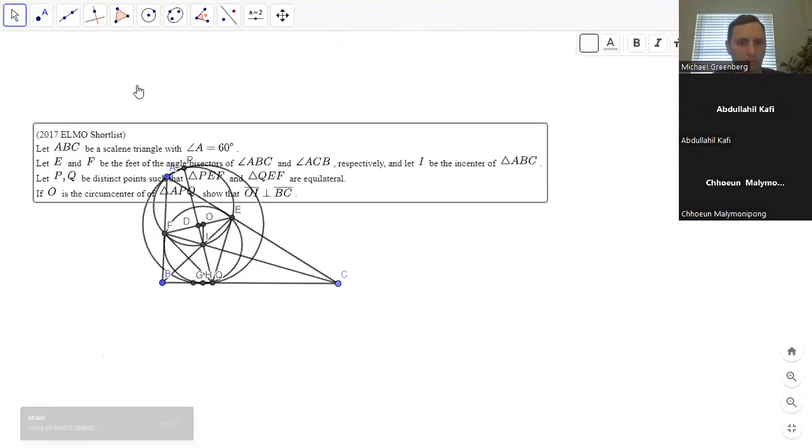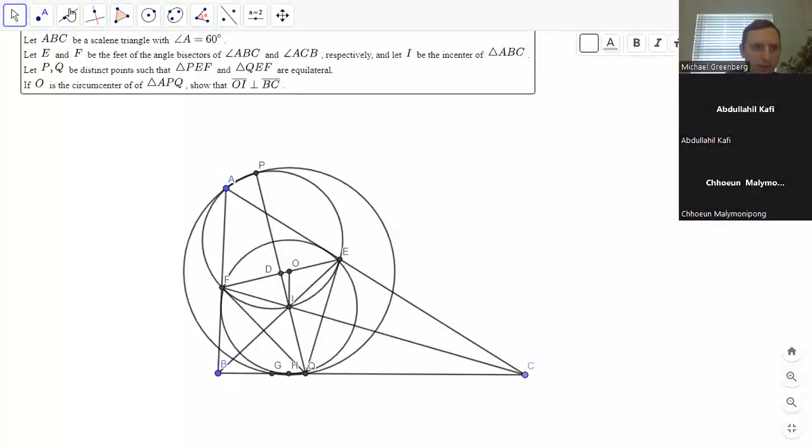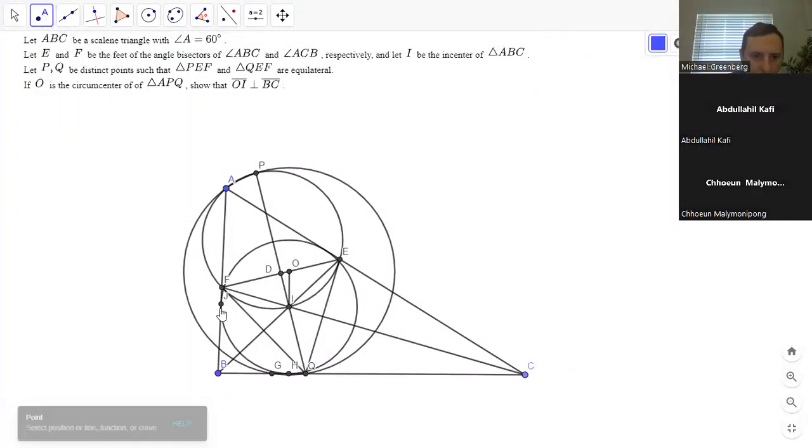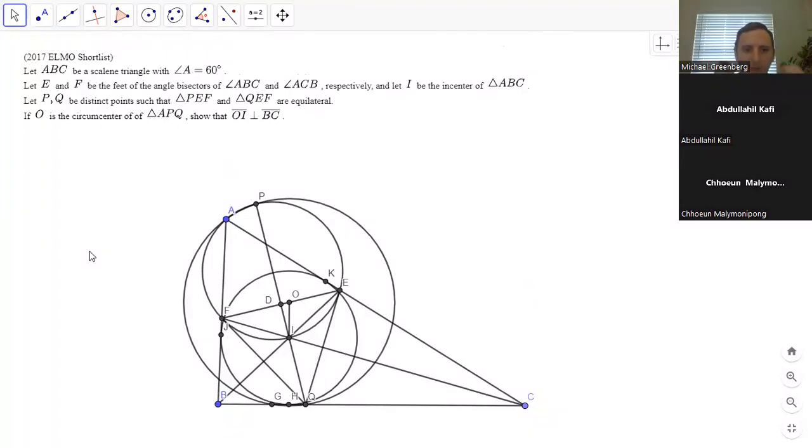And we know that BH equals BJ, and we know that CH equals CK. And I think that proves, well, let's see, BH equals BJ, and BQ equals BF. So it's the same as showing that FJ equals KE. That would solve the problem.